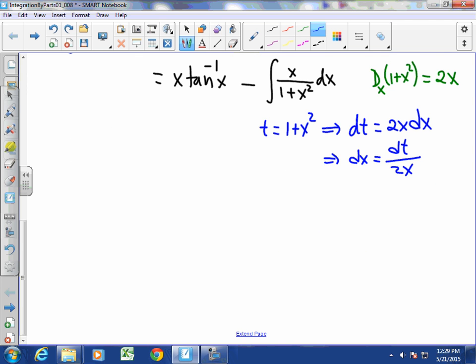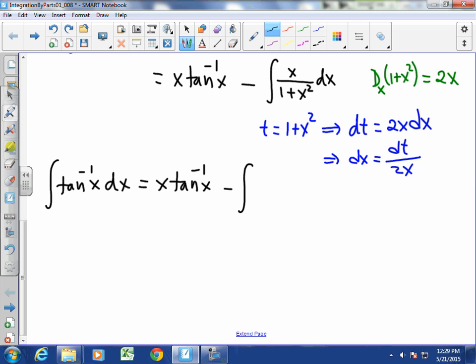In doing this, our integral of tangent inverse x dx becomes x tangent inverse x minus the integral of x over t times dt divided by 2x.